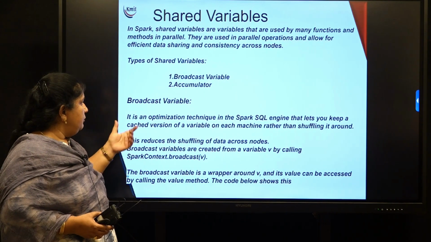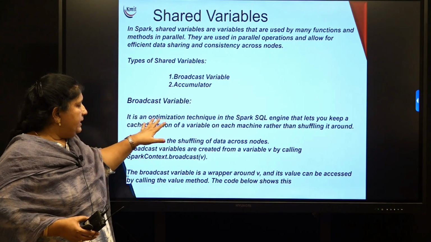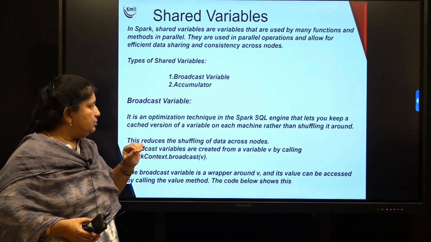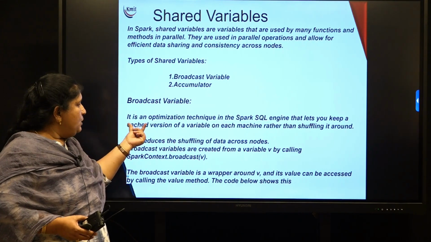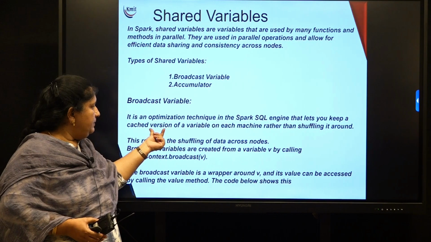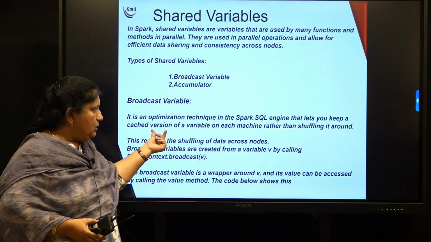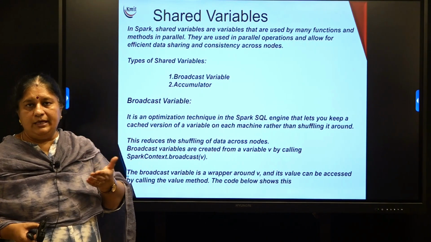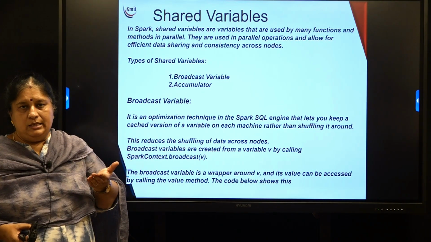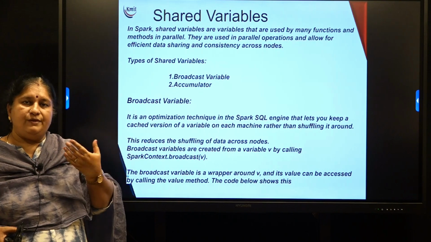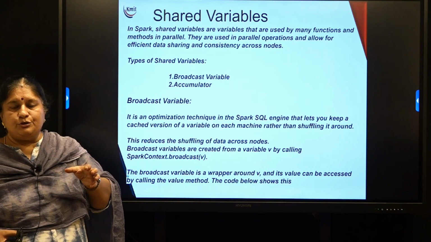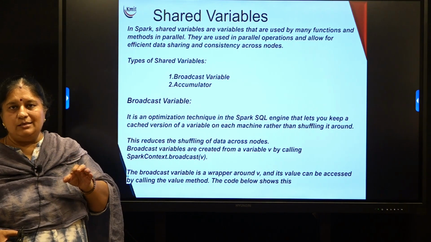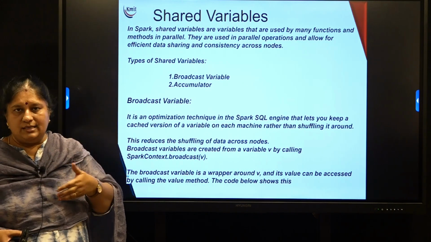So let us talk about broadcast variable. Whenever we are working with a broadcast variable, one copy of the variable will be kept in the cache memory so that you need not transfer the variable every time it is needed by the programs. Suppose there is a variable which is very frequently accessed; make sure that variable is kept in the cache memory instead of transferring it across the network.